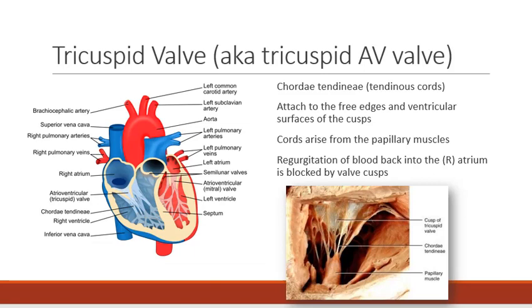This figure here shows an artistic representation of the tricuspid valve as well as an actual anatomic picture. What I'd like to draw your attention to are the chordae tendineae and the papillary muscles.